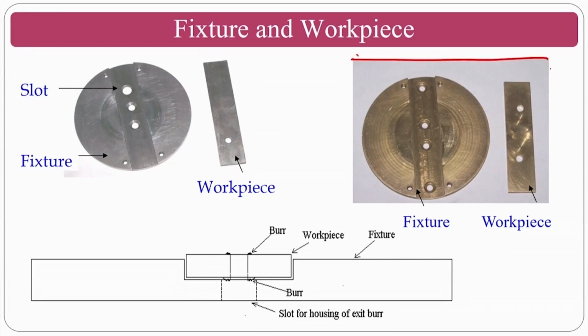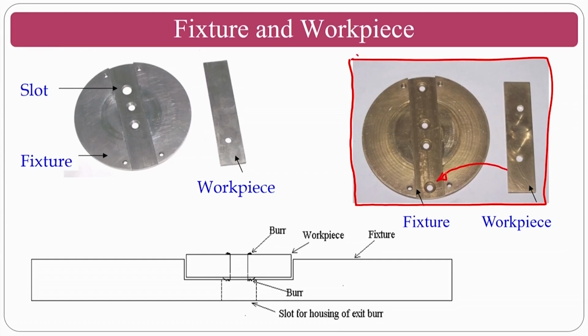Assume that we are going to consider one workpiece material, that is the brass workpiece. You place this particular sample here and tighten it using proper screws, then you feed it to the magnetic abrasive finishing process. So you are going to have your workpiece here.